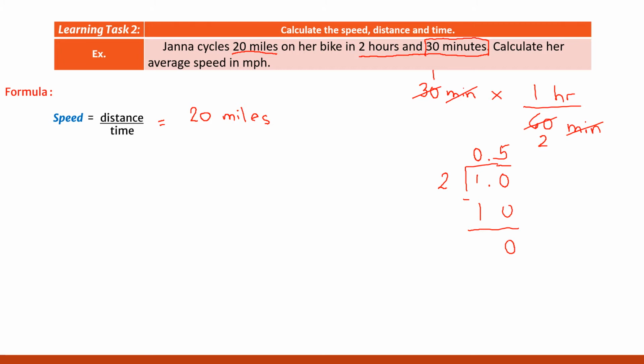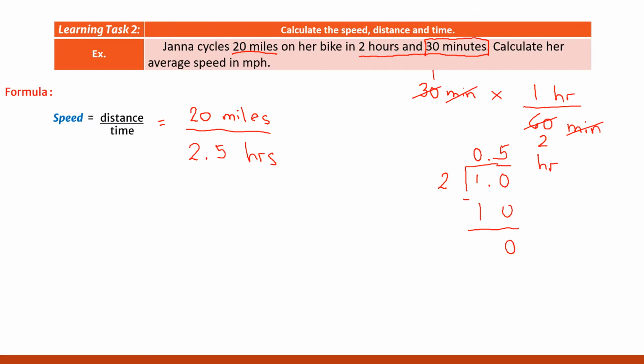Meaning to say 30 minutes is equivalent to 0.5 hour. Therefore, instead of 2 hours and 30 minutes, we'll be using 2.5 hours. Bakit siya naging 2.5 hours? 2 hours plus 0.5 hour ay di 2.5 hours.